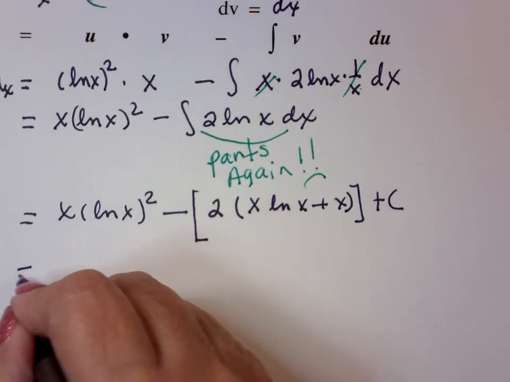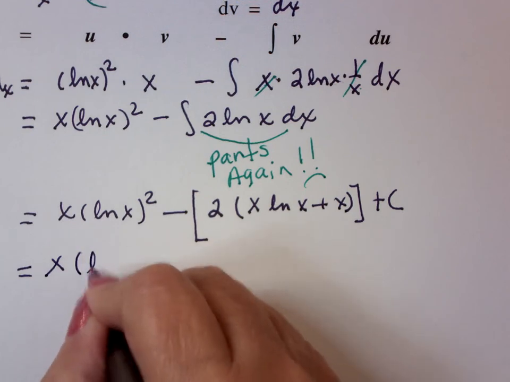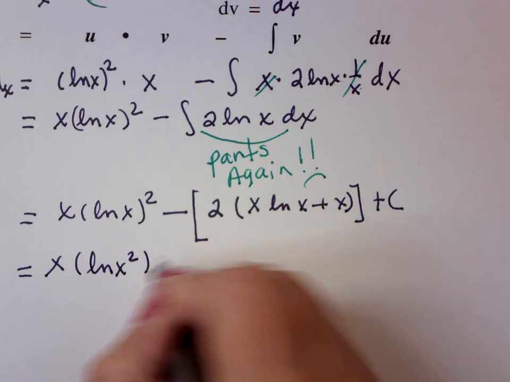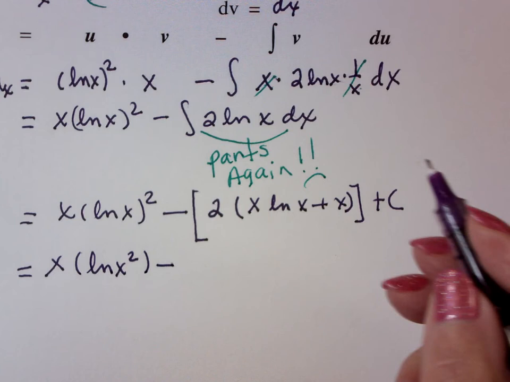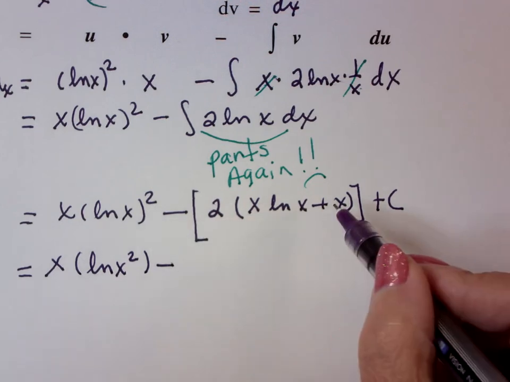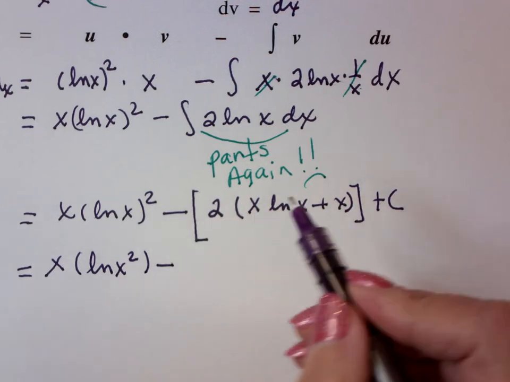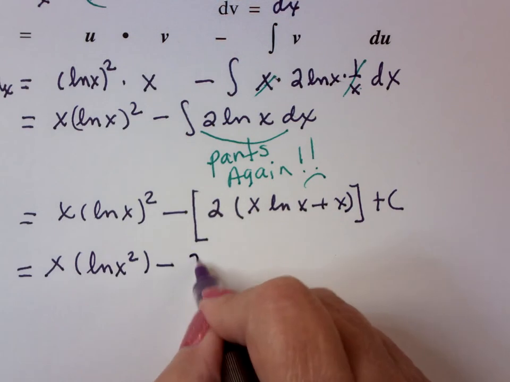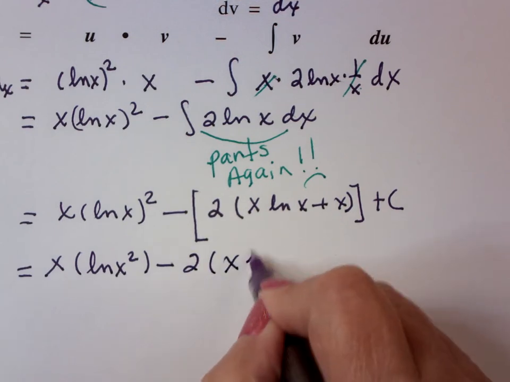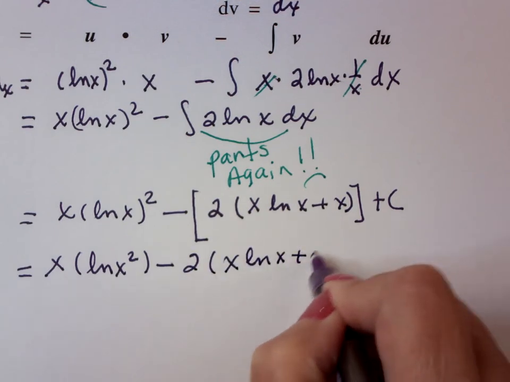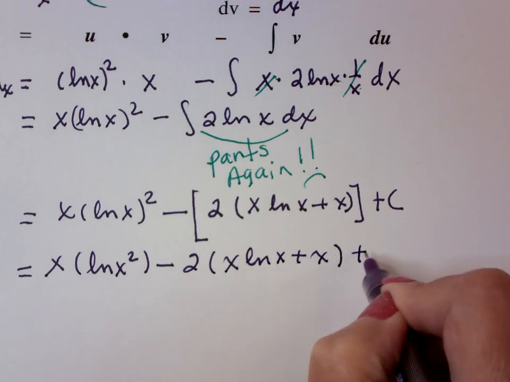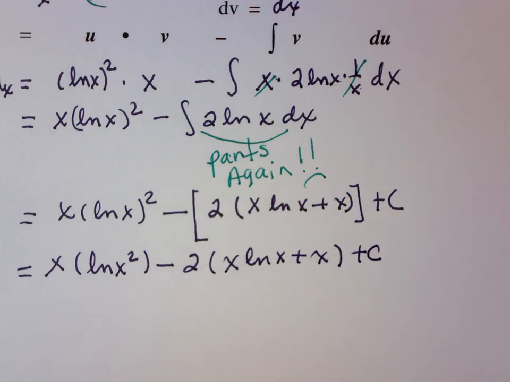So this becomes x natural log of x squared, minus, well, I multiply that through. Minus 2 times x natural log of x plus x, plus, or not the plus x, that's a minus x, isn't it?